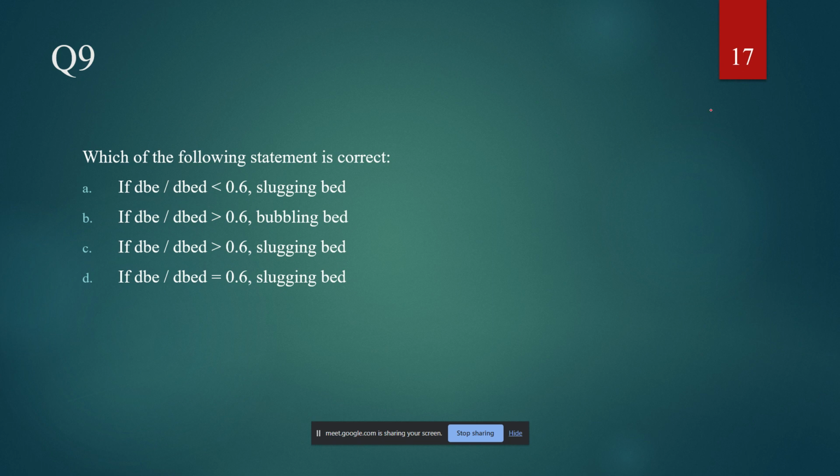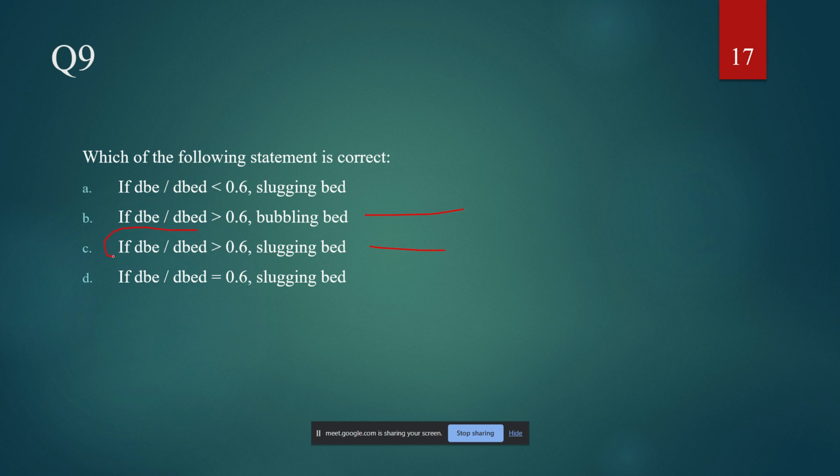So in this itself, we can observe one thing. So either this one can be true or this one can be true. So what do you think? If dBE by d bed is greater than 0.6, it is slugging bed. It is not bubbling bed, it is slugging bed.